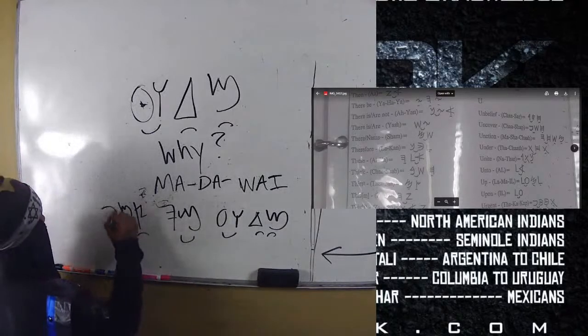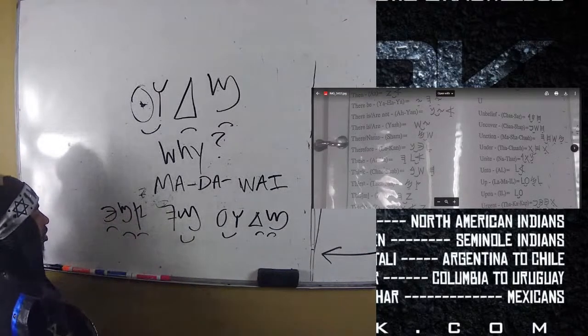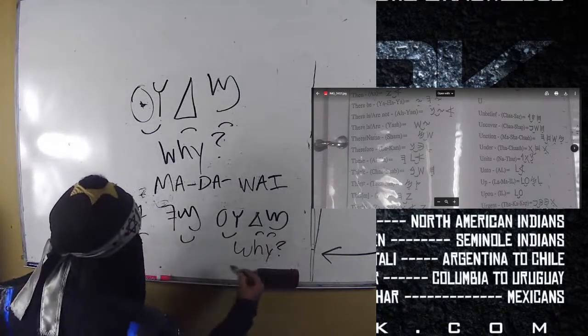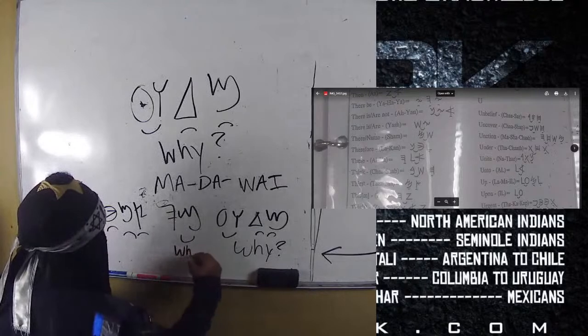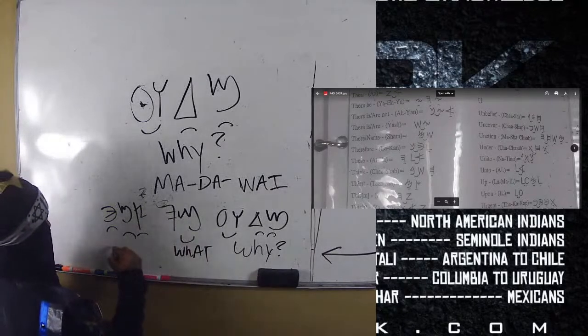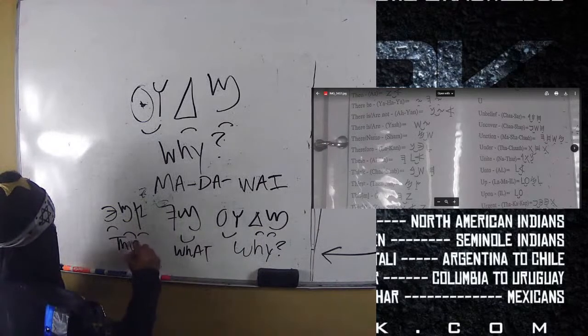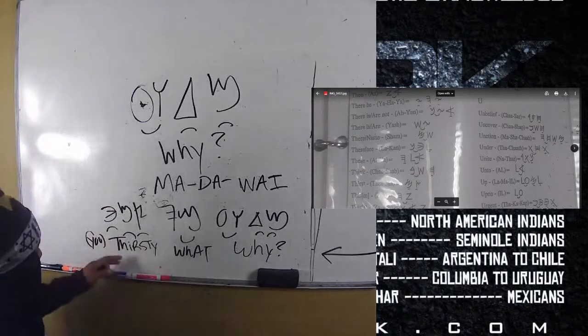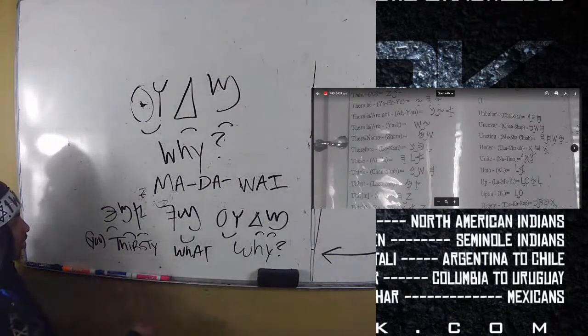Taza maka. You're saying you thirsty. You're saying why, right? Then you're saying what, which is ma, and then you're saying thirsty you. And then, of course, you at the end. Thirsty you.